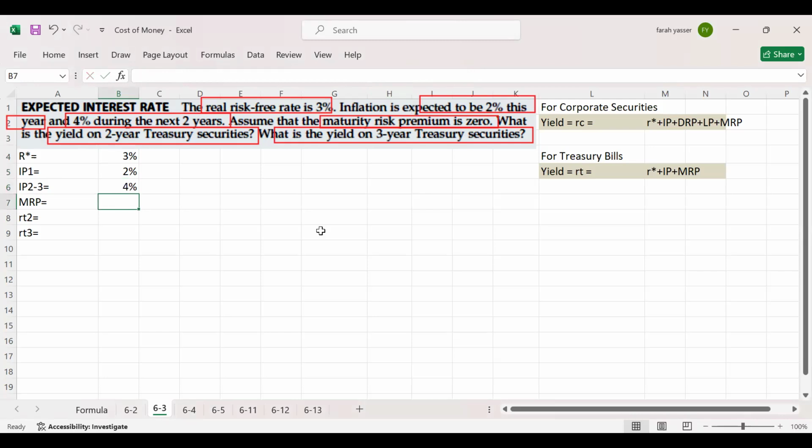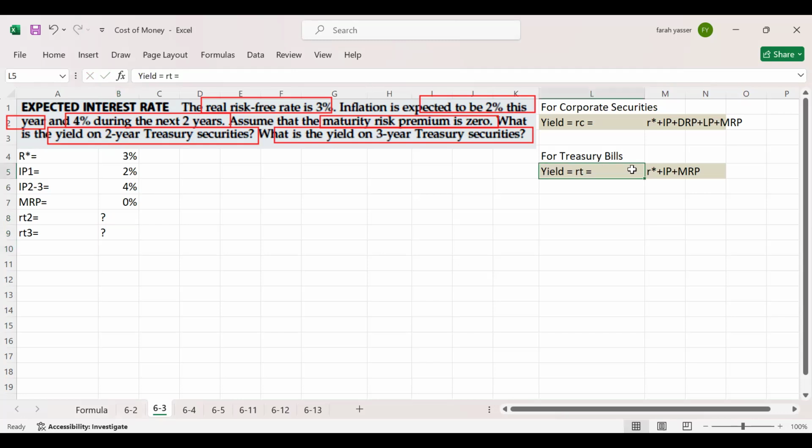Maturity risk premium is zero, and RT2 means yield on treasury securities or T-bills, if the T-bills are for 2 years, and if the T-bills are for 3 years. Both are required. So there are two requirements.